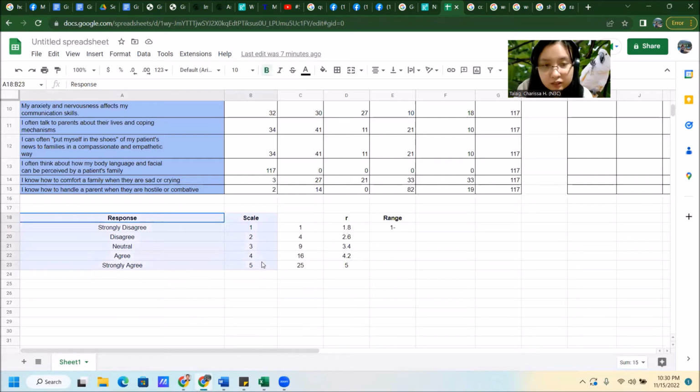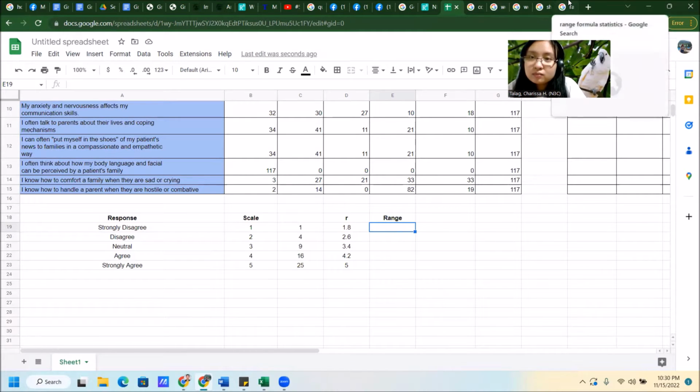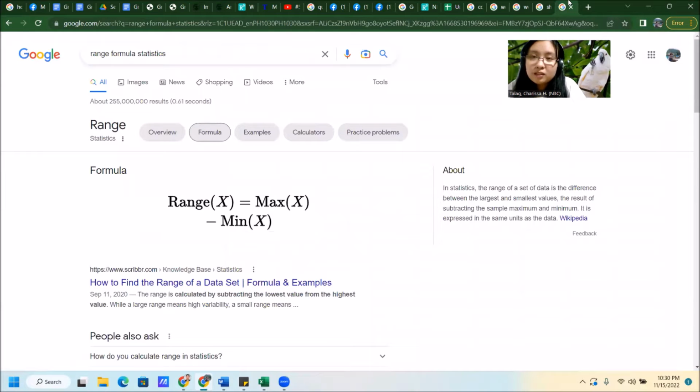After we put this in Excel, the next thing we will compute is the range. The range is important because it will serve as the basis of our interpretation later. So how do we get the range? It says here the formula for range is maximum value minus minimum value.